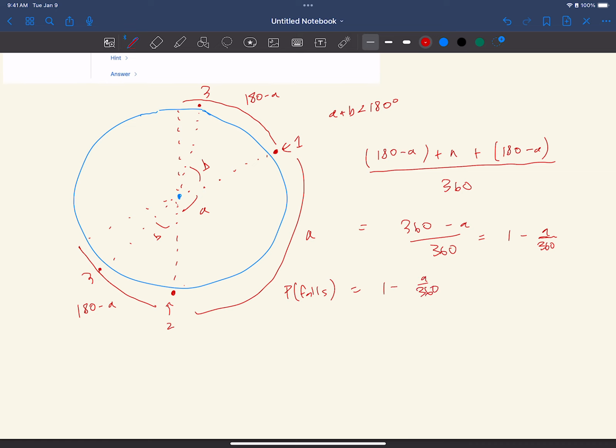So the probability that it doesn't fall over is just the complement of this. The probability of it standing is equal to 1 minus (1 minus A over 360), which is equal to A over 360.